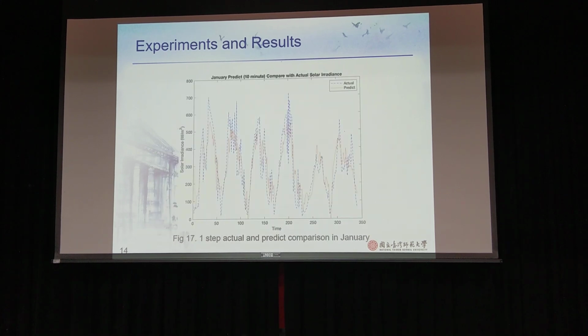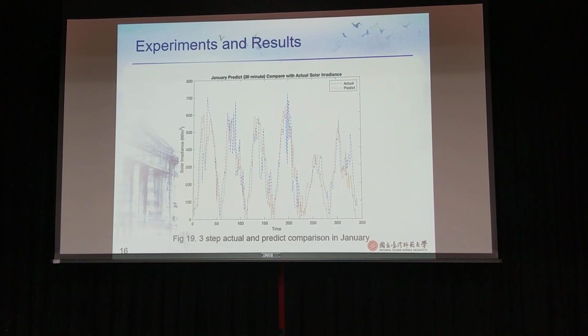And then is the one-step actual and predicted comparison in January. The blue line is real solar irradiance, and the orange line is the predicted result. The next one is the two-step. And then is the three-step actual and predicted comparison in January.